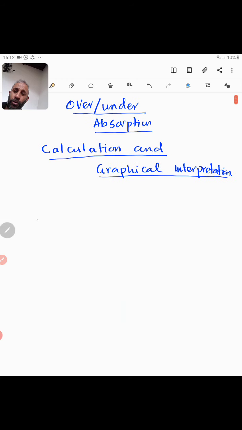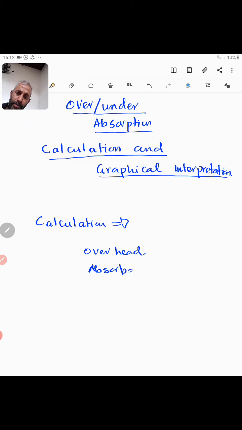Now, let's find out the calculation. The calculation is that you have to take the overhead absorbed minus overhead incurred.